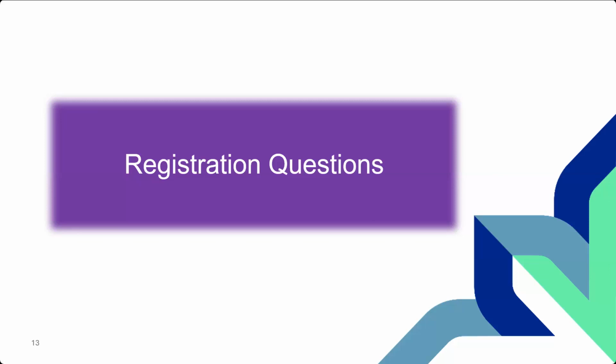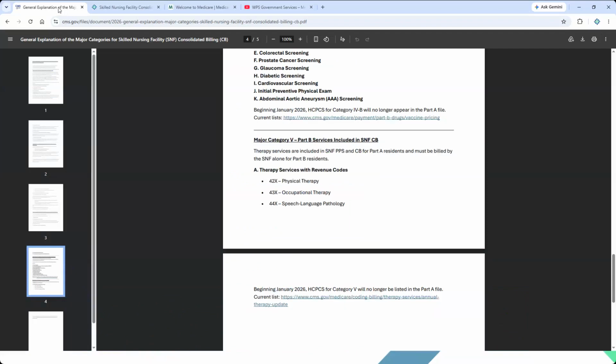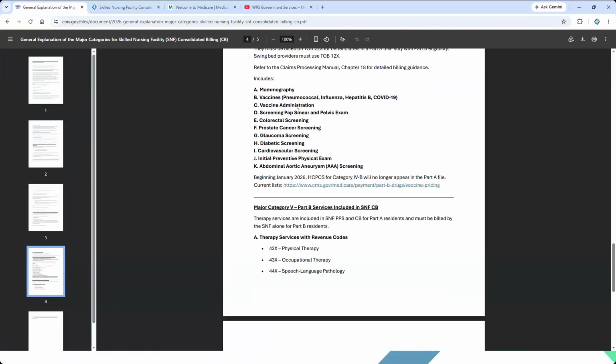What would be considered part of the SNF for ambulance billing? Again, this is probably the hardest one to answer. Please remember that when you look at ambulance billing, that file indicates that it has to be related to other services. Let me drop back there for one second and tell you that file is on the CMS website, and it is the major category general explanation.